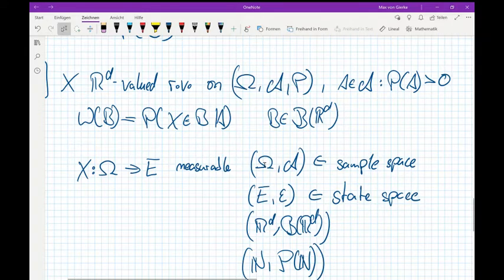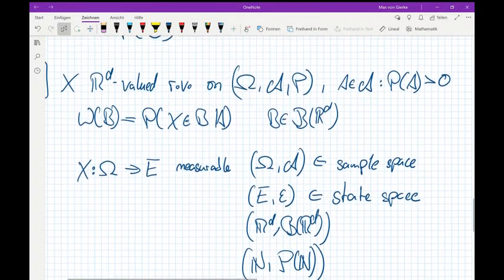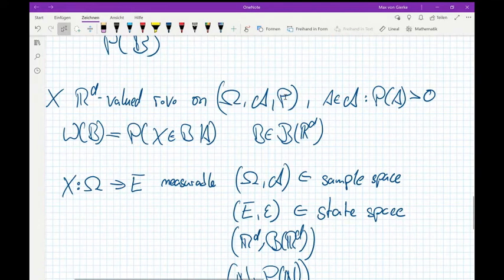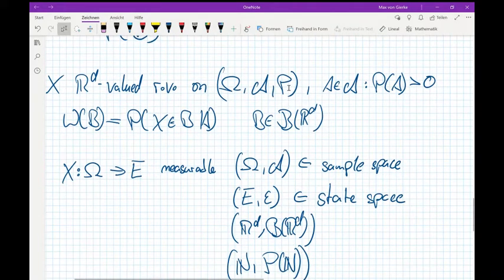And the thing is now that this probability measure is defined on this sigma field. So you can take an element of this sigma field and measure it with this probability measure.